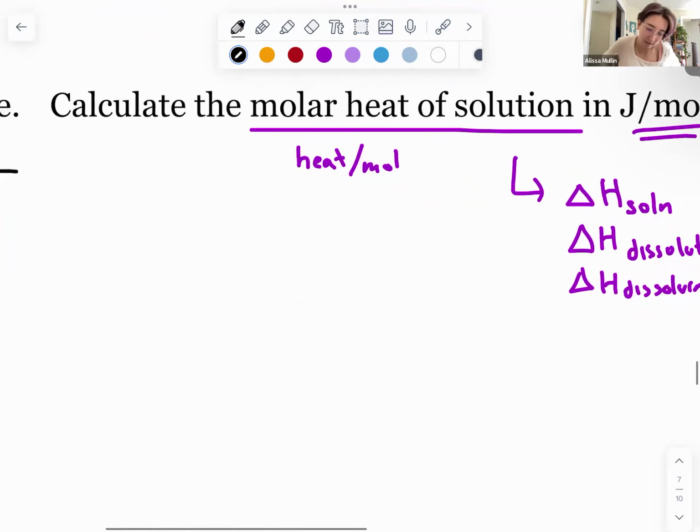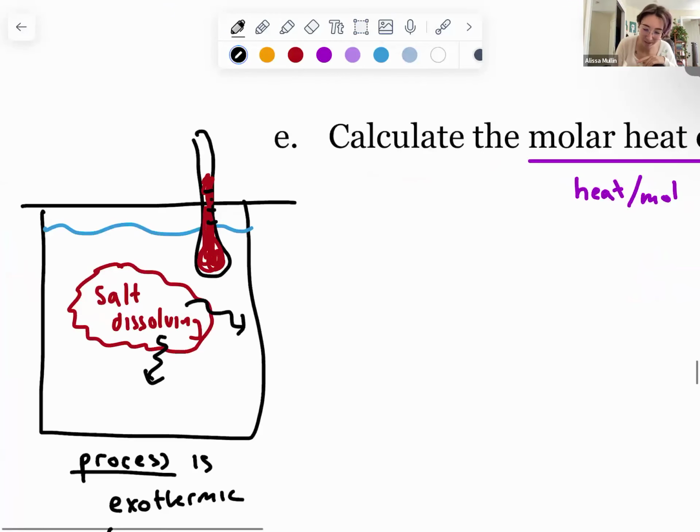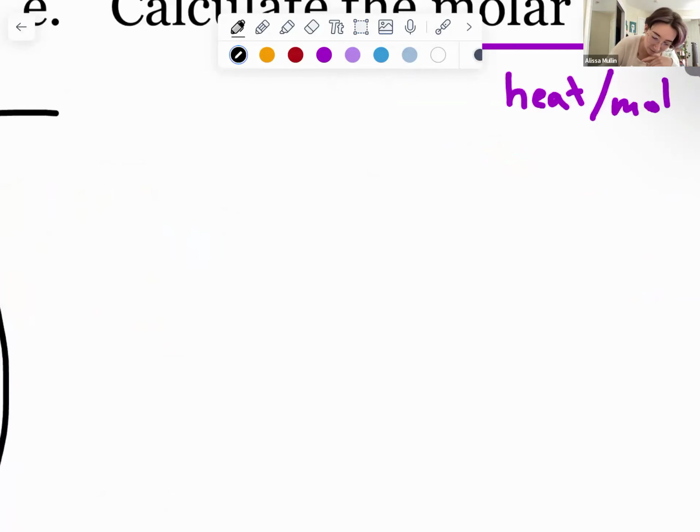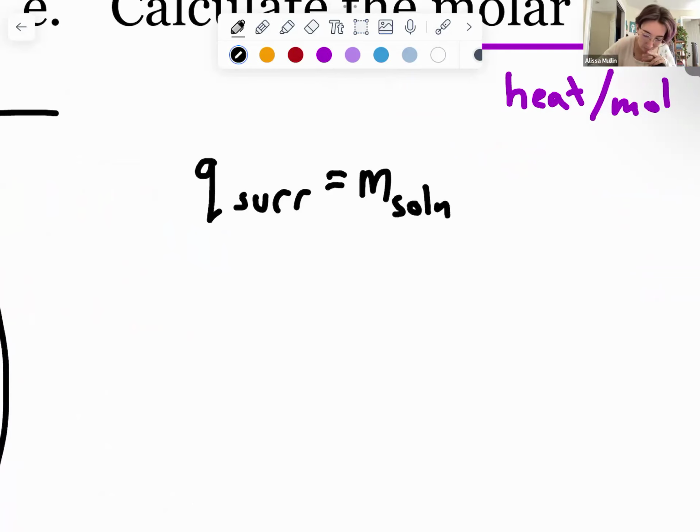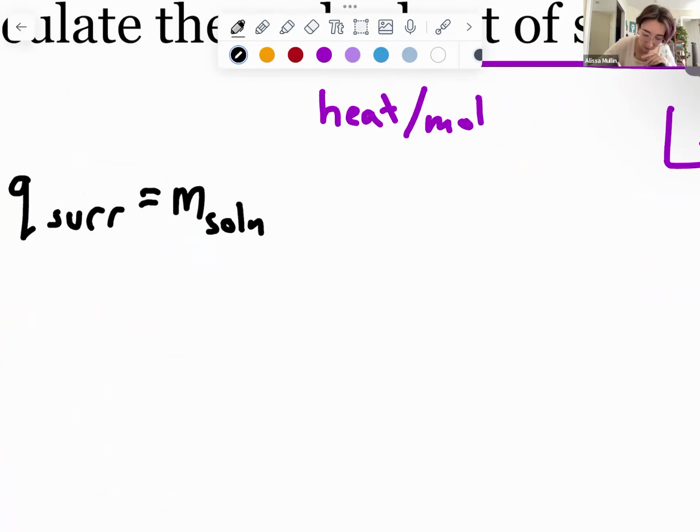Okay, so let's look back at this and see if we can figure out our heat of solution. With that in mind, what we actually have measurements about is our solution, the whole thing, the surroundings. I'm going to call that my surroundings as a shorthand. The heat of my surroundings is going to be the mass of the solution, the C of the solution, and the delta T of the solution.